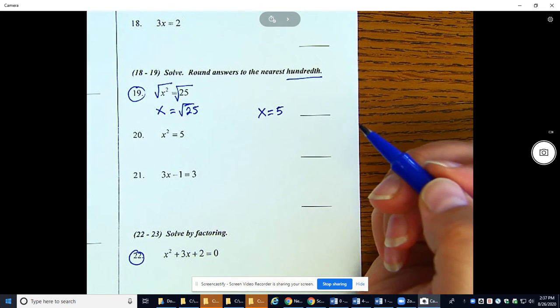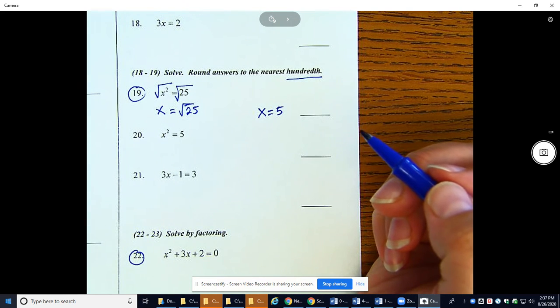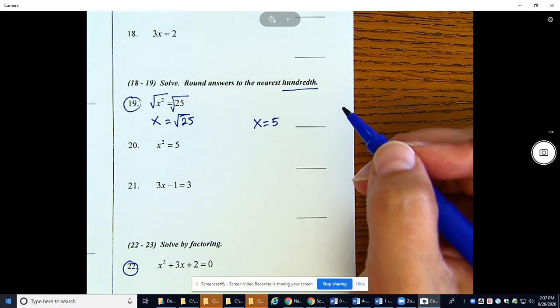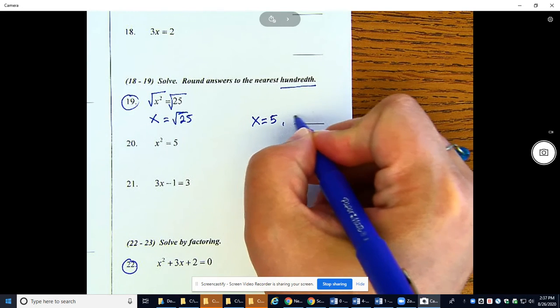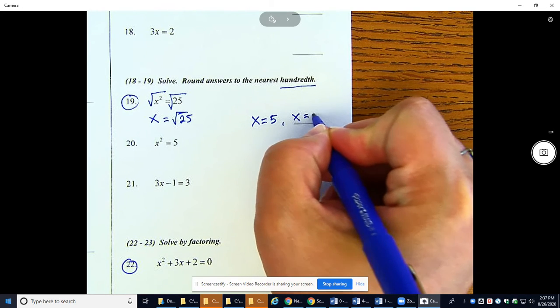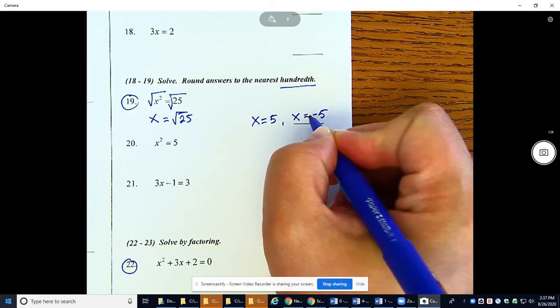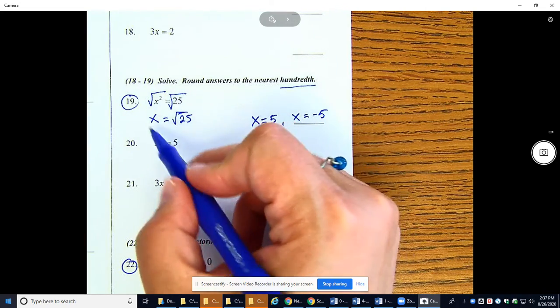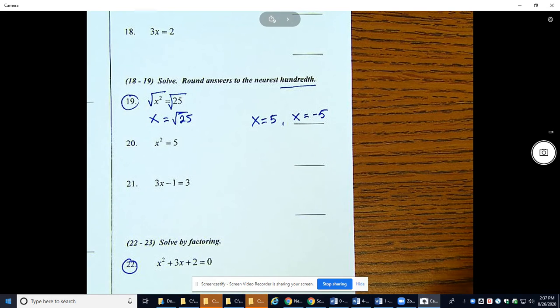But another way that you could get the square root of 25 is to say that x equals -5, because -5 times -5 is also 25. Remember, this is one of those quadratic equations that has more than one solution.